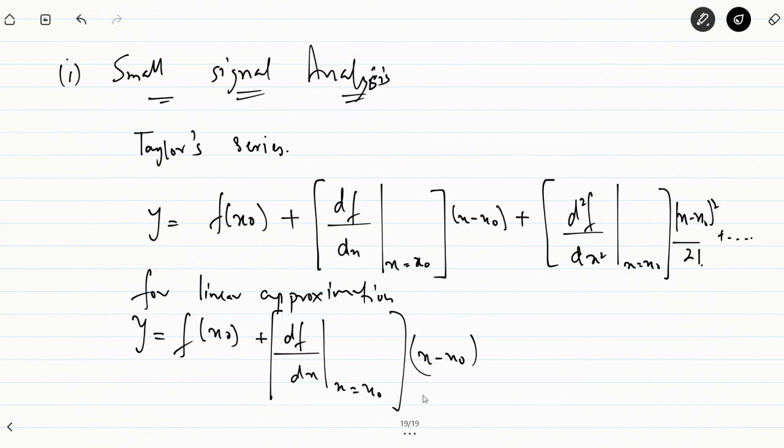Okay? So this will be possible only around the initial condition of the system. Now this x naught actually does not refer to the initial condition here. This actually refers to the equilibrium point. Since we have not gone into the details of equilibrium point, I'll be using the term initial conditions for now.